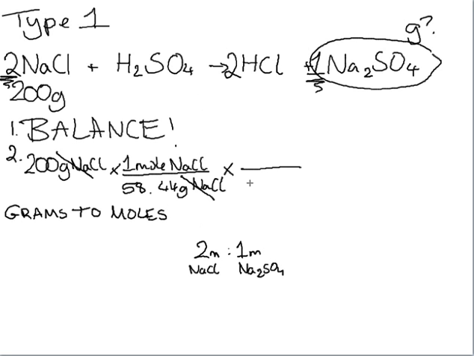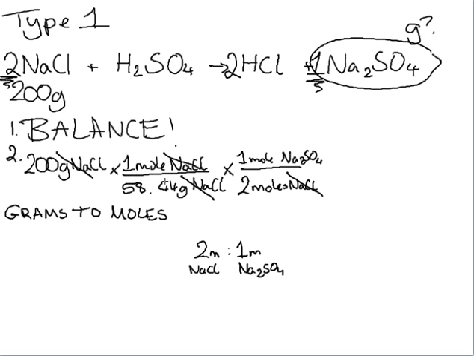So we'd choose 2 moles of NaCl, and then we put the other one on top, which is 1 mole of Na2SO4. Sorry, I have to make it a bit small because there's a next step here. Now we can cancel this out. So why do we need to put this ratio? Like I said before, it's the connection, and I'm going to explain it a bit more so you can understand it even better.